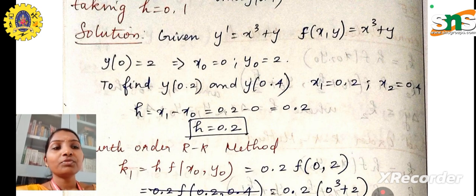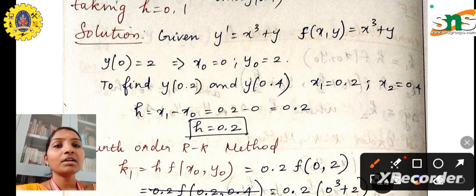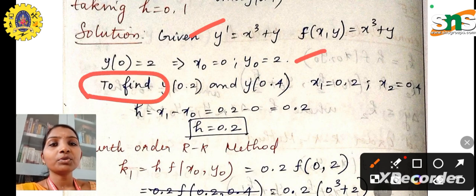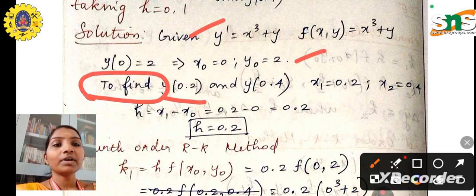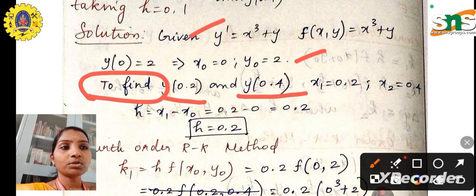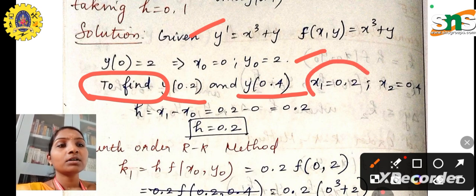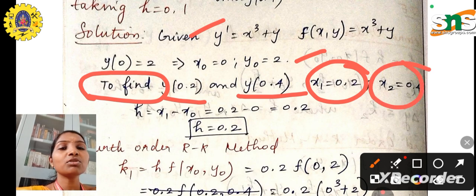So what is to find? In the usual method, we write the given, the conditions, and what is to find or to prove. We are going to find y of 0.2 and y of 0.4, so we have two such values to find. So what is h here? H is equal to x1 minus x naught, which is equal to 0.2 minus 0, which is equal to 0.2.